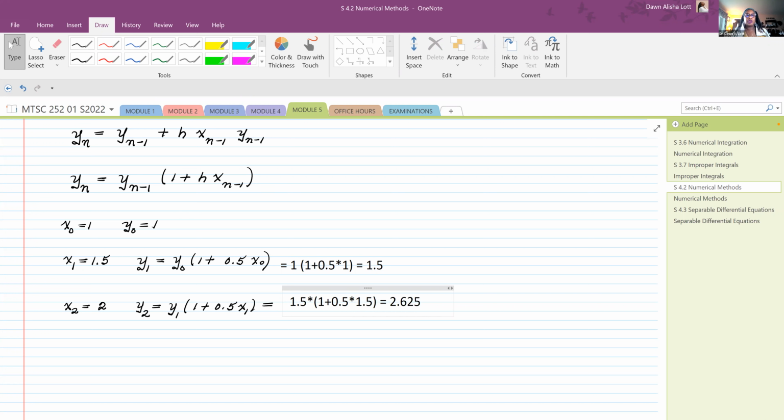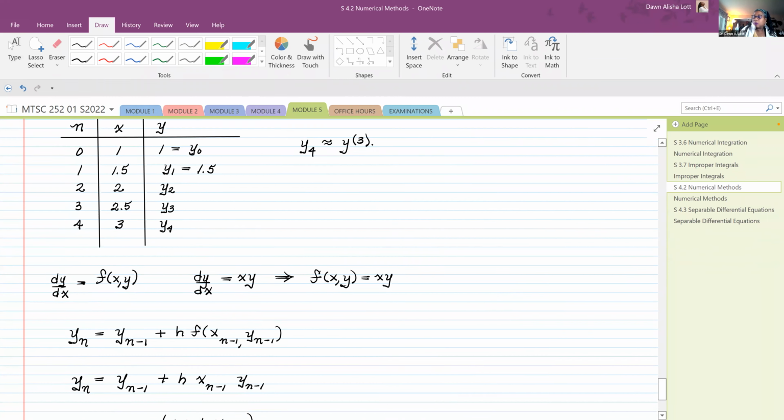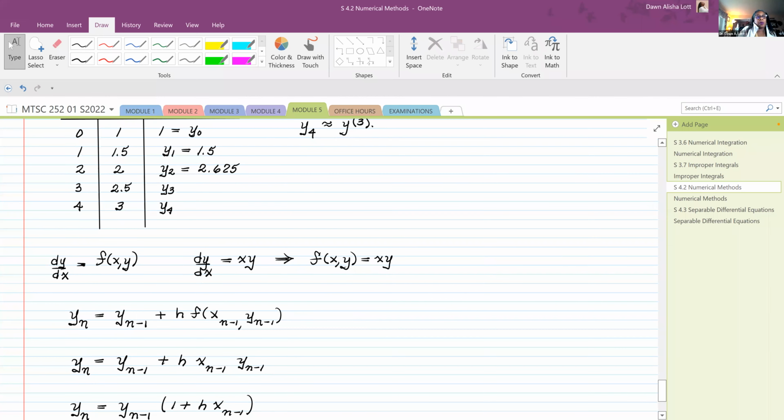And that is equal to 2.625. So now we know y2. And then you can find y3 and y4.